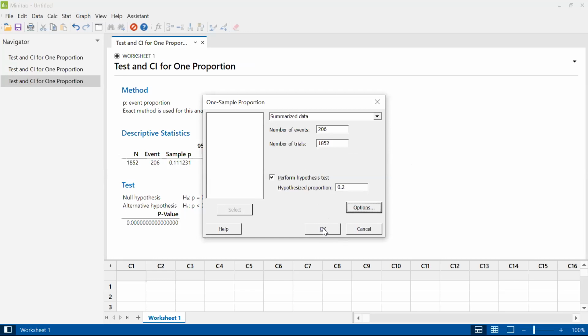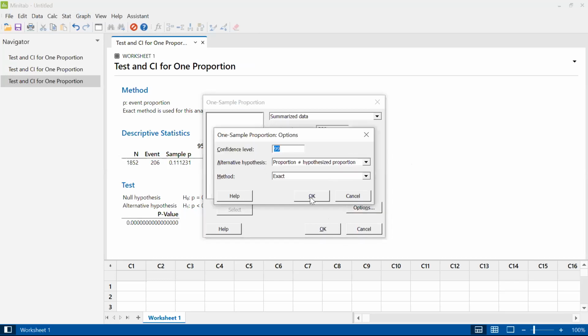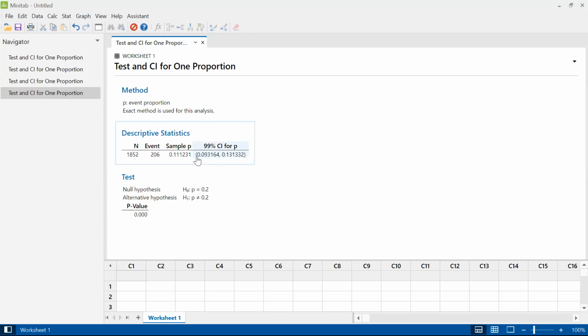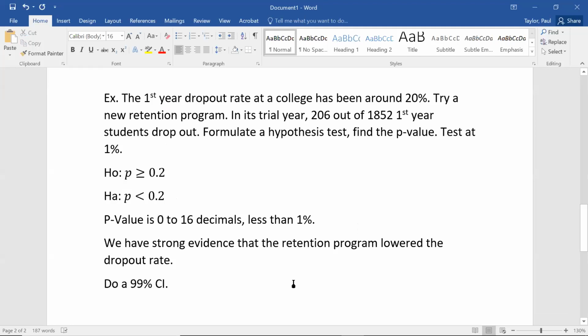It's running the not equals one, but with that not equals there, it'll give me the confidence interval with bounds on both sides. Okay, so my 99% confidence interval goes from about 9% to 13%. So my 99% confidence interval is 0.093 up to 0.131.